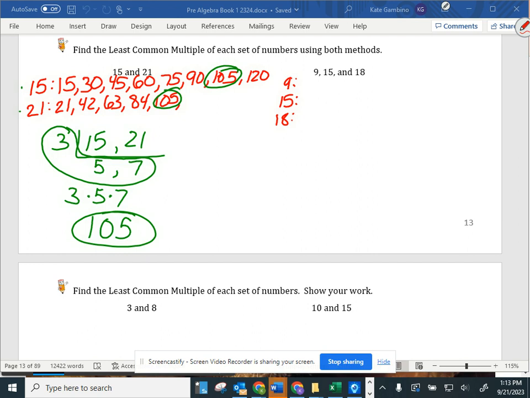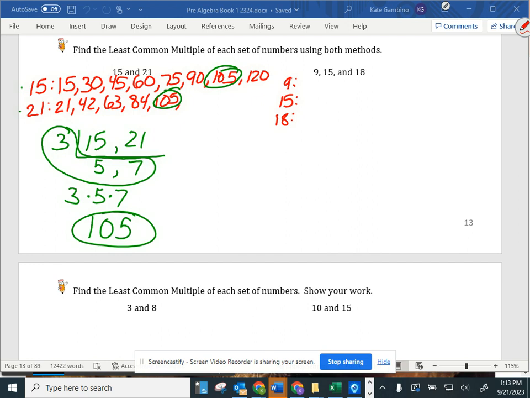For which one, James, for listing the multiples or for the table method? Table. So use your calculator. What's 3 times 5 times 7? So that's why we always have our calculator out for math class. And next time, James, just raise your hand and say, Miss Gambino, can you do that again? Okay?